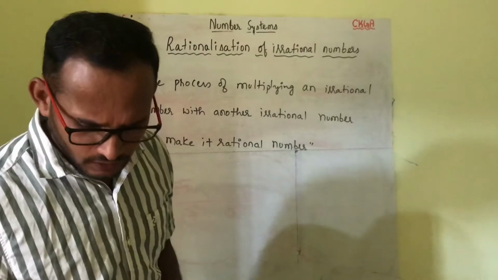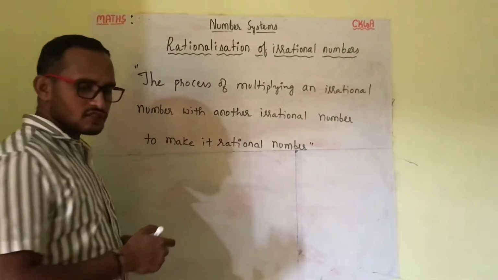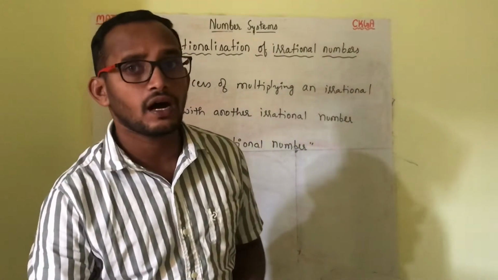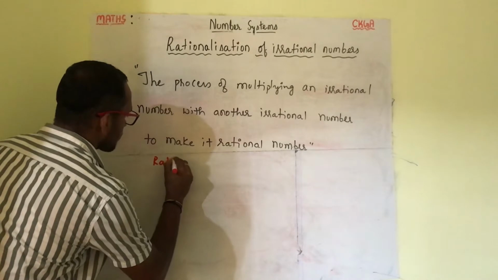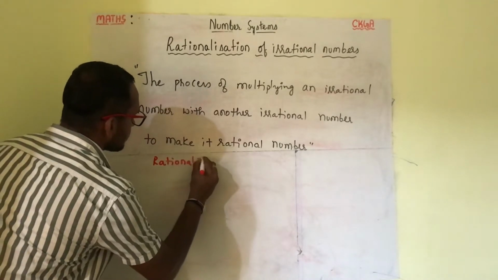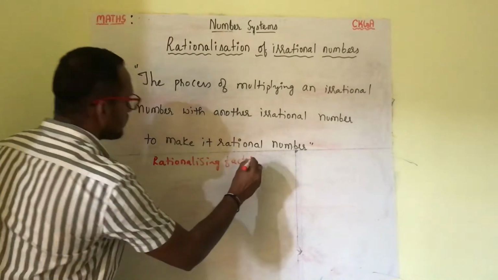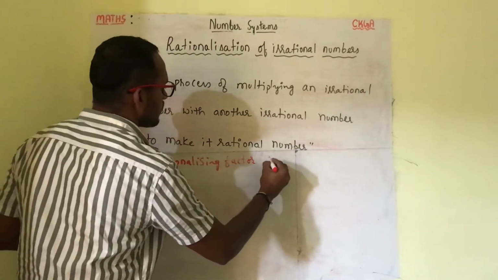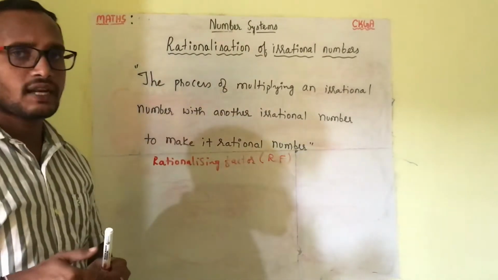Now keep one word in your mind: the rationalizing factor, shortened as RF. RF indicates rationalizing factor.